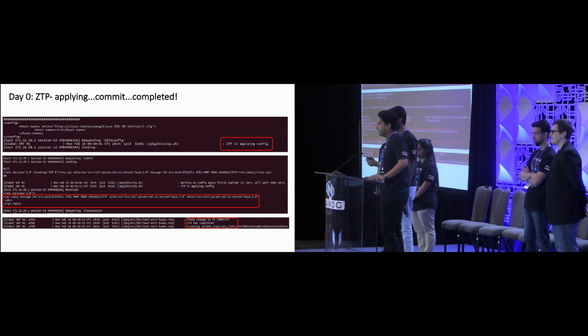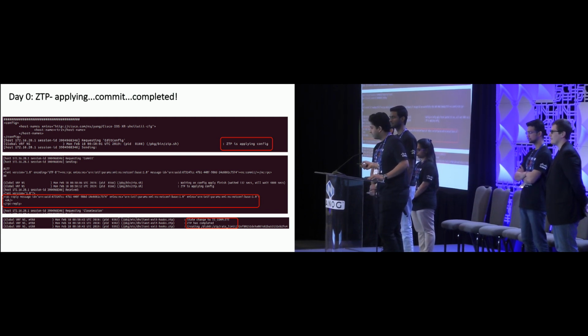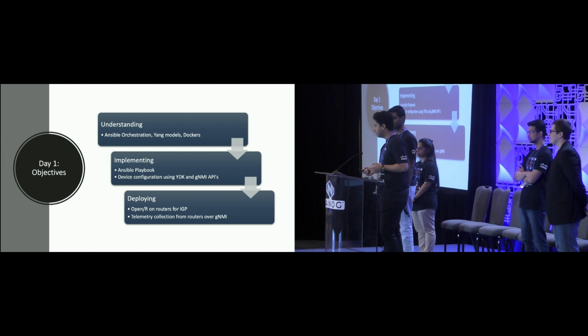And then ZTP finally, once we trigger it, actually applies the configuration and commits it, and the operation is completed. And that takes us to the basic networking that was established in the topology.